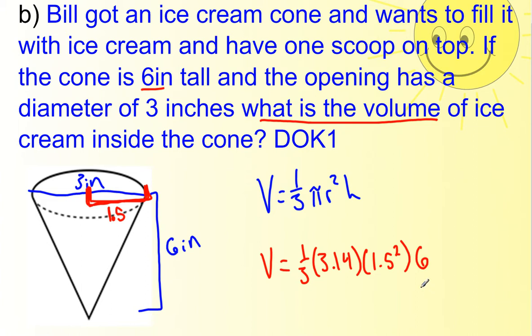Oh, the other thing I'm always going to do, I'm always going to draw a picture and label my picture. You see how I labeled the 6 inches and 3 inches, you should do that too. A place the students would mess up is they would just look at the problem and go, okay, 6 inches, that goes in there, and 3 inches, that goes in there, and they're not paying attention and realizing that this 3 inches is a diameter, not the radius.